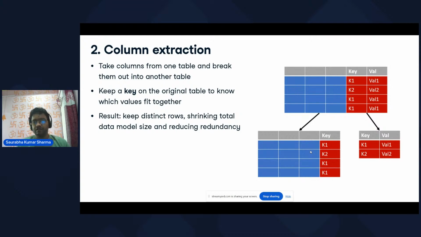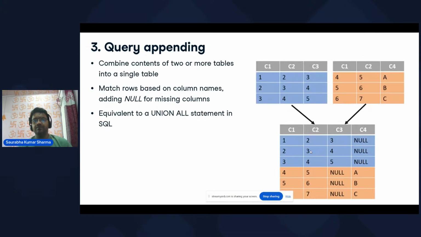It will not change anything. Only the value column will be removed from that table and moved to the next one, right? It will make sense. So the result will keep the distinct rows, shrinking the total data and reducing the redundancy. That works as normalization, or rather is what we mean by the term normalization.